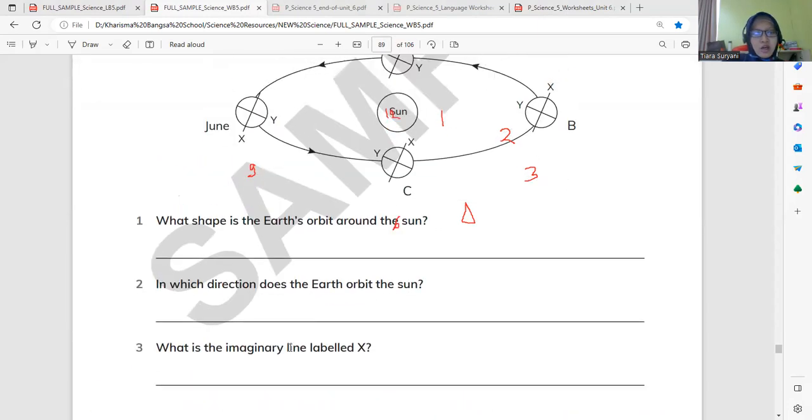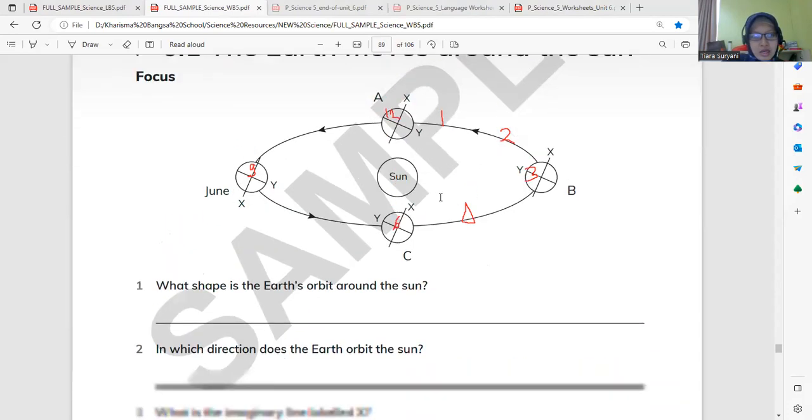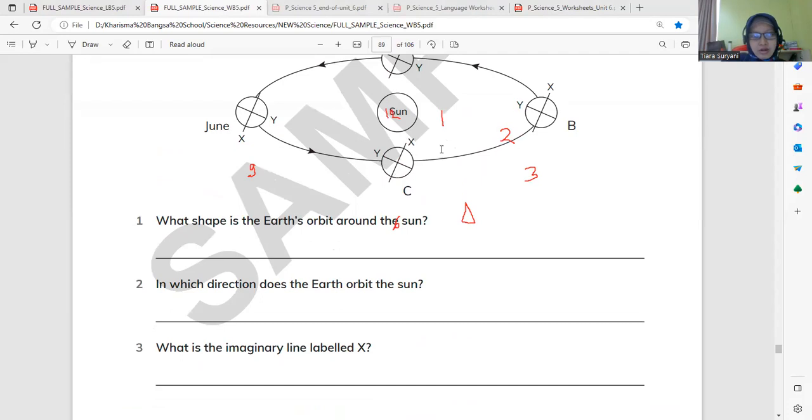Okay, and then what is the imaginary line labeled X? X is this one. As I told you before, this line is where the Earth spins. This is the axis of the Earth.